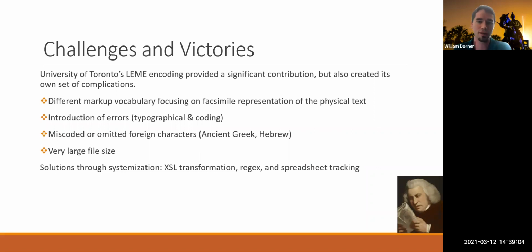While it gave us a complete text to work with that largely solved our earlier problems with OCR text, the markup we received placed an emphasis on representing the physical layout of the text, which was not the focus our edition embraces, and so did not fully match our markup vocabulary requirements. Other challenges from this text included the introduction of typographical and XML errors, miscoded or entirely omitted foreign characters, and an inconveniently large file size that all had to be corrected.